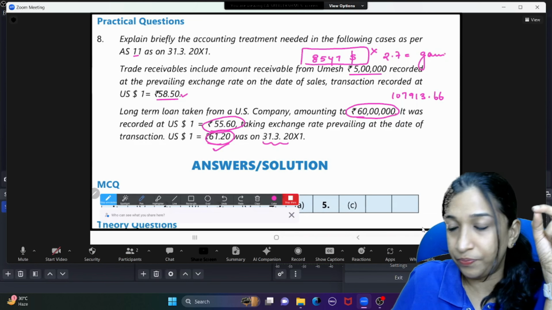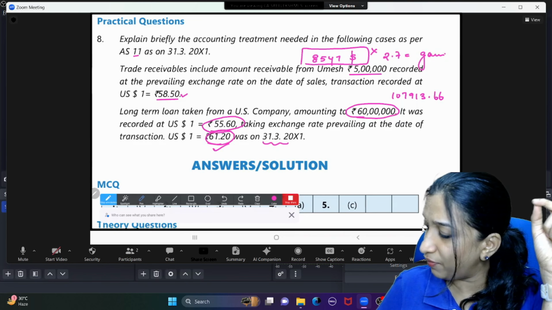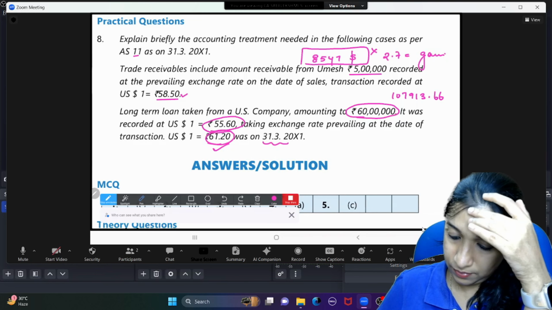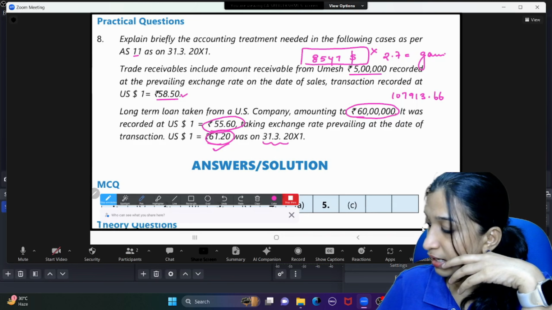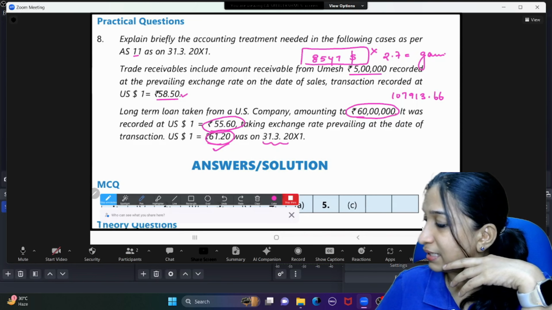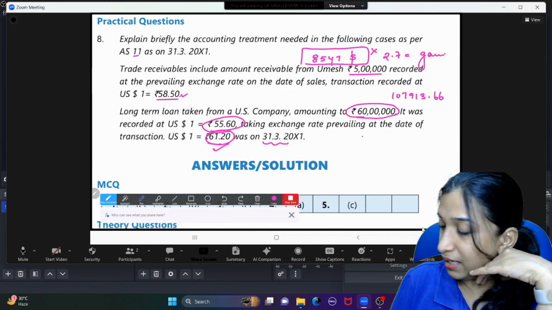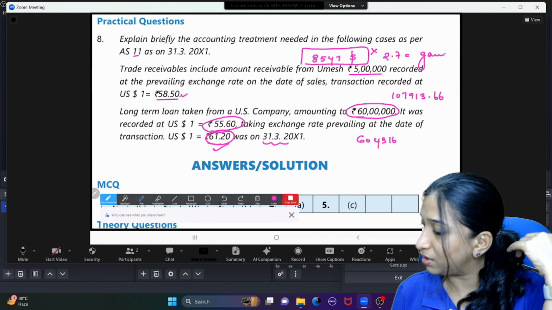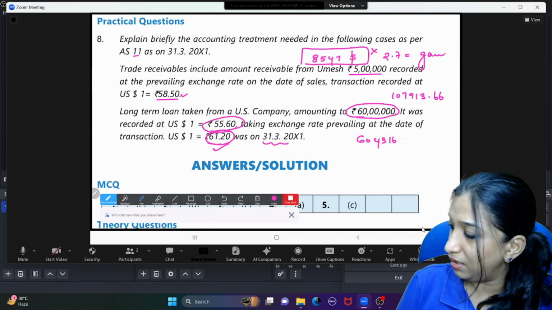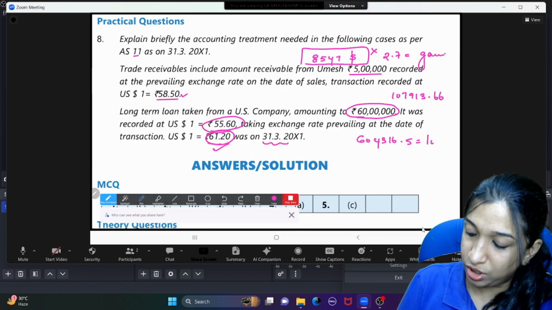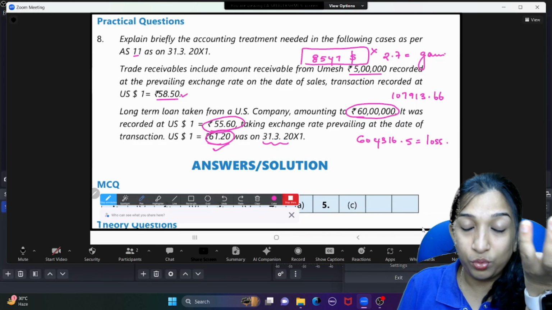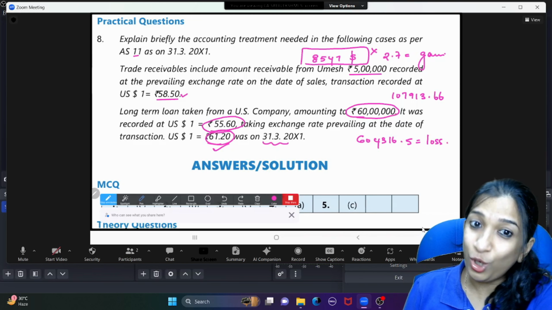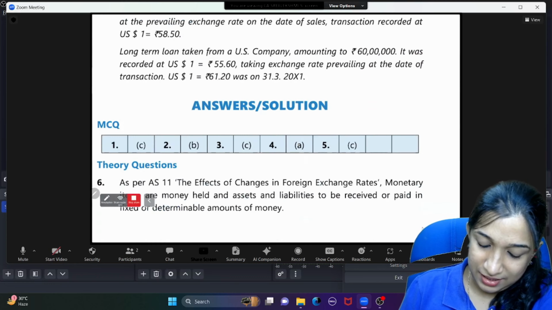Debtors to P&L. Here 61.2 minus 55.6 into 1,07,913.66 gives 6,04,316.5 loss. P&L to loan.